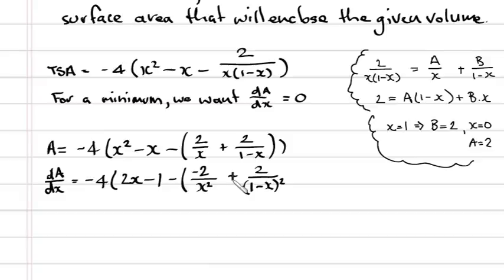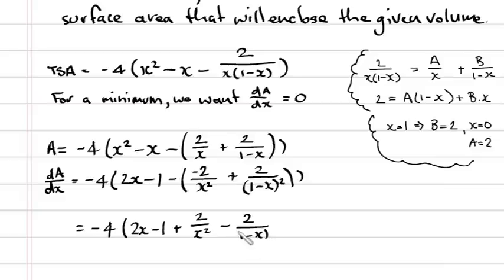And if you need some help with that, then you need to look at the videos on differentiating rational expressions where the rational expression is in the denominator. Carefully taking the negative sign through the second bracket then, we get this equal to -4 outside of 2x minus 1 plus 2 over x squared minus 2 over 1 minus x squared, and now we need to take the -4 through the bracket.